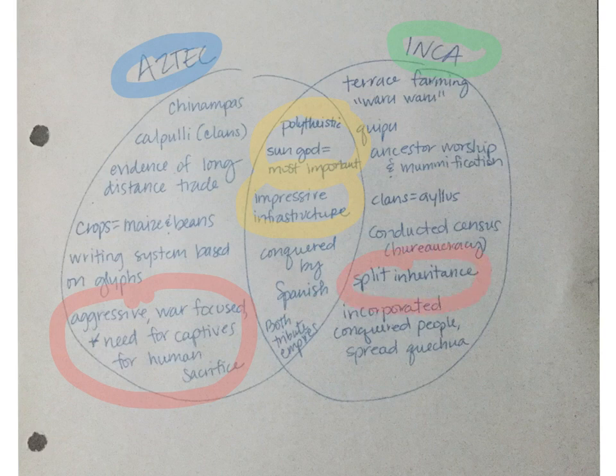Okay, and while the Aztec was really a fear-based empire, the Inca actually tried to incorporate conquered people. They tried to include the people that they conquered. They tried to create loyalty. And so that's a pretty big difference.